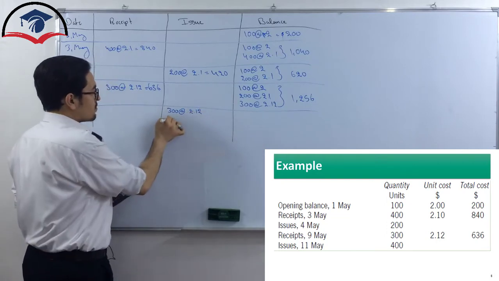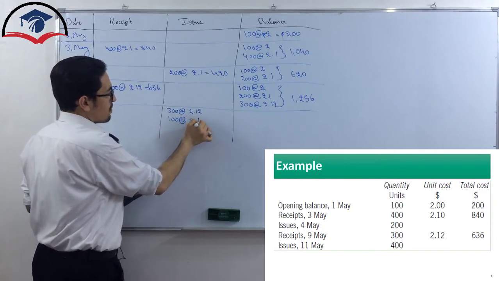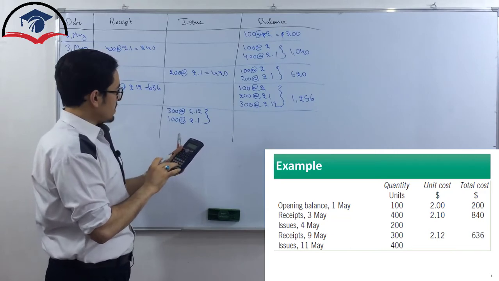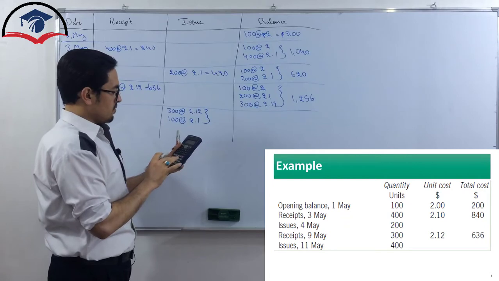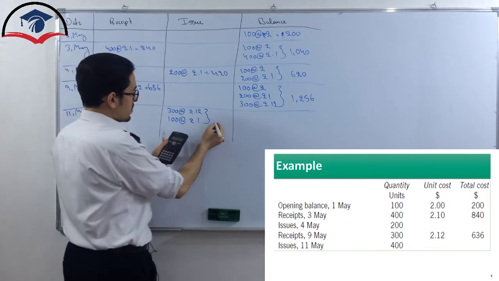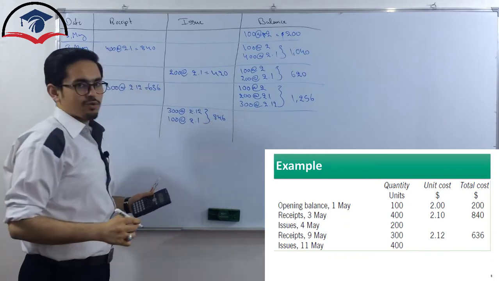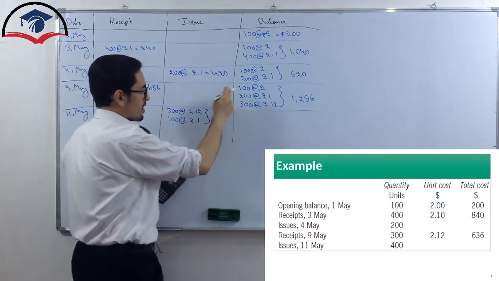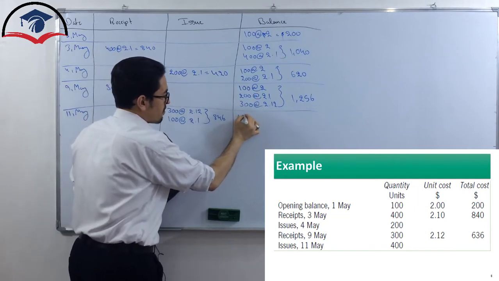The remaining balance will be issued from this 100 units at the rate of 2.1, and totally equal to 300 multiplied by 2.12 plus 100 units multiplied by 2.1 equal to 846.